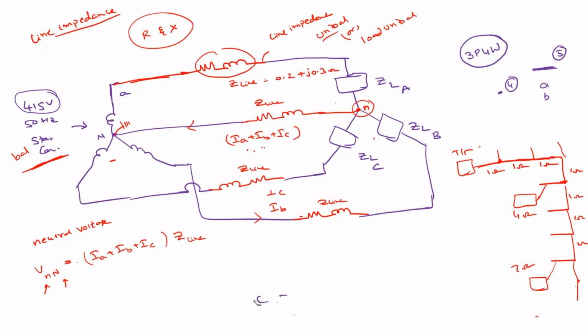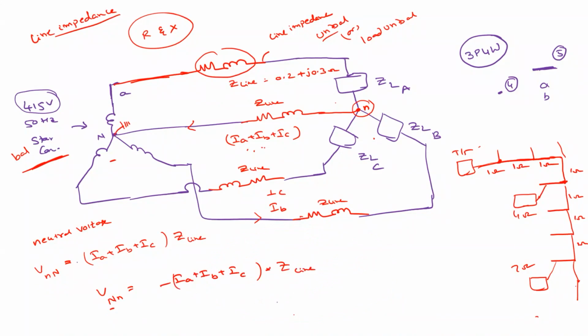Clear? Or if this is, for example, V small n capital N, then this N is the reference, so it will be minus IA plus IB plus IC into Z line.